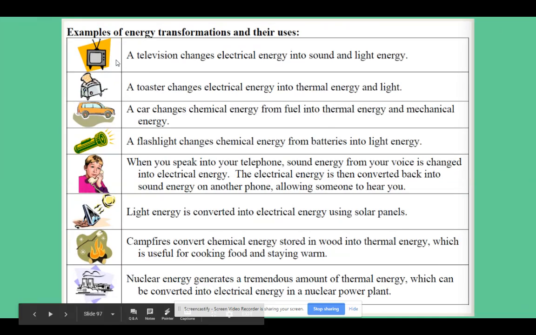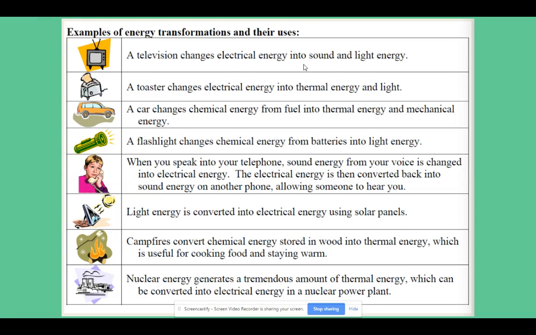Other examples of energy transformations: a television turning electrical energy into light, a toaster turning electrical into thermal, a car changing fuel into thermal and mechanical energy because it heats up and the car moves, a flashlight changing chemical energy from the battery into light. When you speak, you are creating kinetic energy with the air you're pushing out of your mouth.